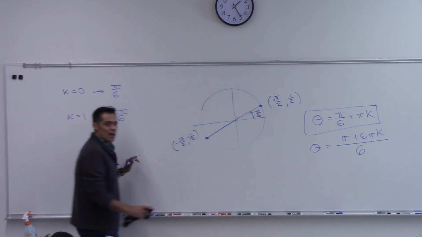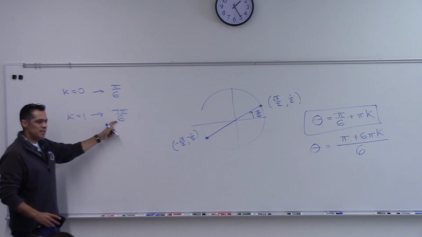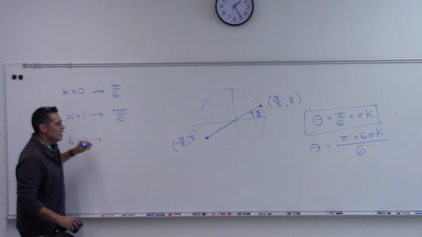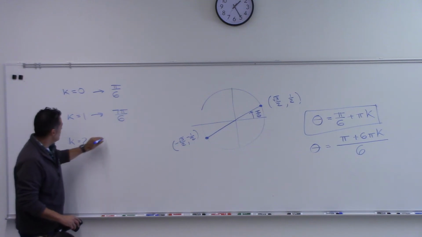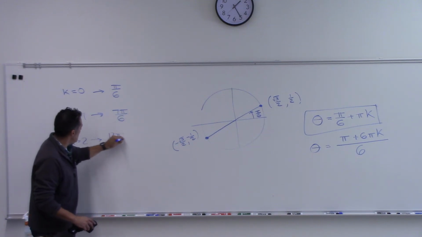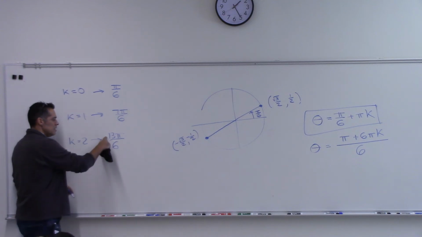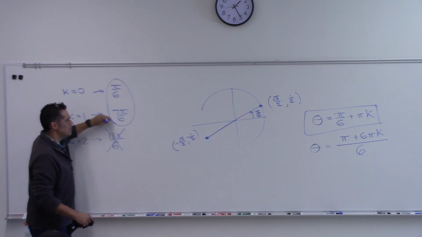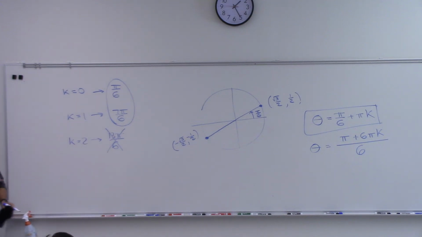Okay, that's still not bigger than 2 pi, right? Because 7 divided by 6 is not quite 2. K is 2, you get 13 pi over 6. Is that bigger than 2 pi? Yes, 13 divided by 6 is bigger than 2. Okay, those are your only two answers. Yeah? Okay.